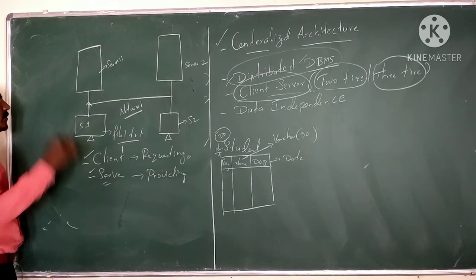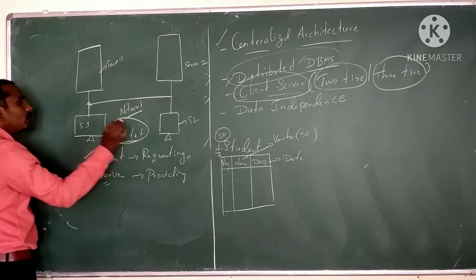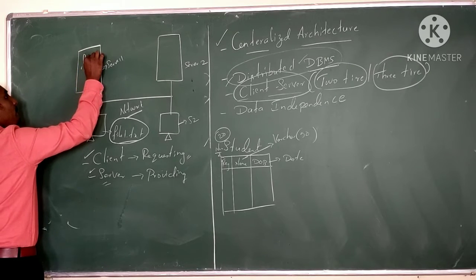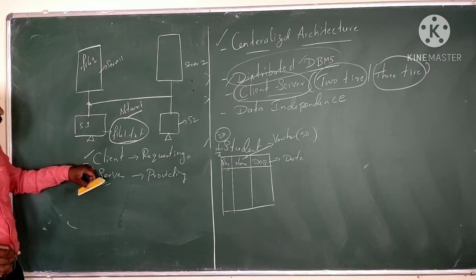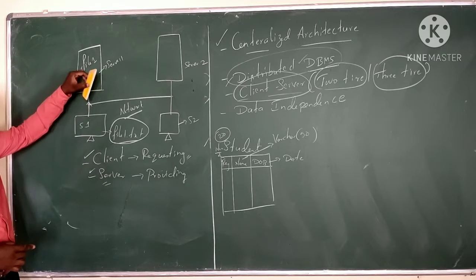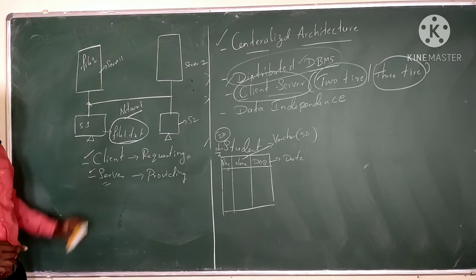This will be system 1. System 1 is requesting a file called file1.txt, which is present in server 1. Now system 1 will be acting as what? That is client. System 1 will be acting as a client, and server 1 will be acting as what? Server, because it will be giving the information.